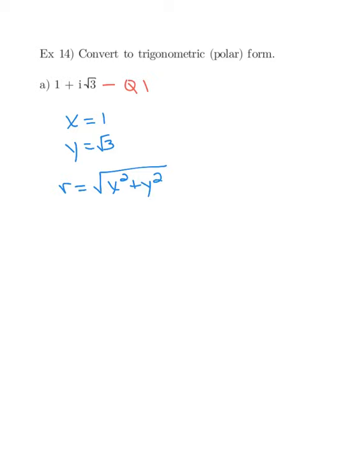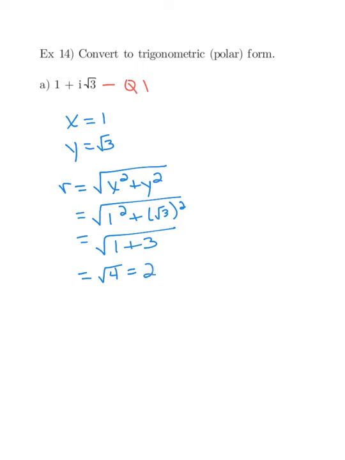Remember, r is our radius, and so we're just doing a Pythagorean theorem here. So in our problem, we're going to have 1 squared plus the square root of 3 squared, but that gives us 1 plus 3, so we get the square root of 4, which is 2.